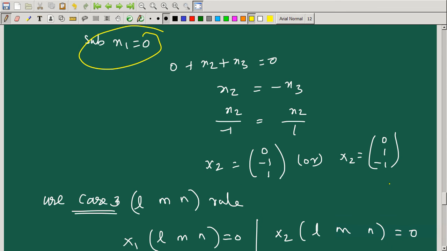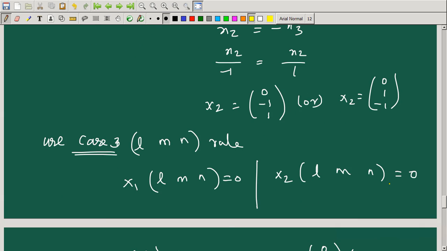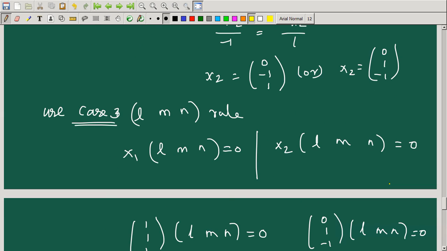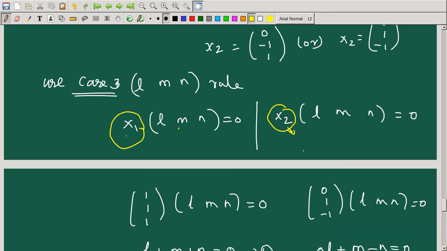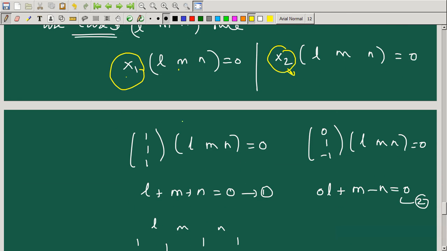For the third eigenvector, you have to follow only the cross product rule for a symmetric matrix with repeated eigenvalue. That is, the first eigenvector into the second eigenvector, using the cross product rule. Don't forget it. Do the matrix multiplication, row into column.